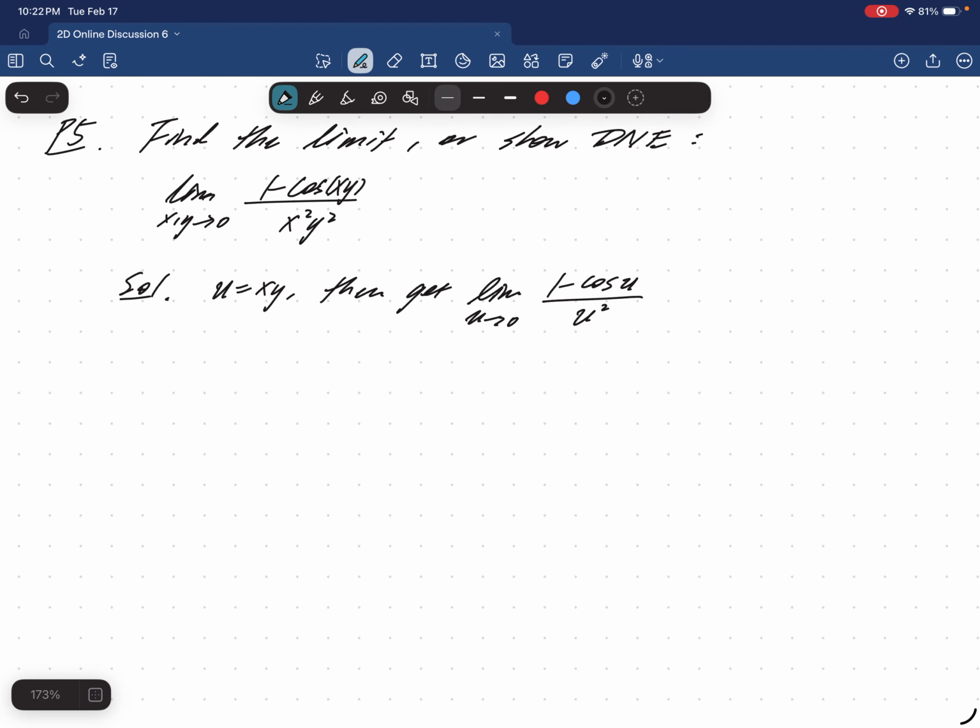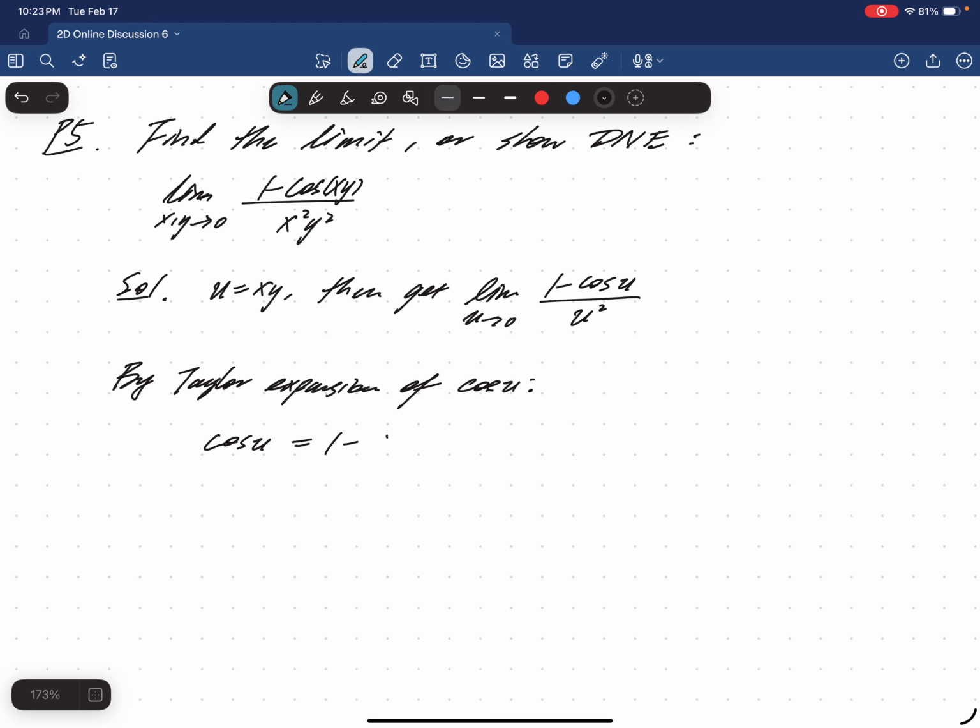So what we can do here is recall the Taylor expansion of cosine u. So cosine u, as we remember, is just 1 minus u squared over 2 factorial plus u to the 4th over 4 factorial minus blah blah blah, some terms that are higher in powers of u.